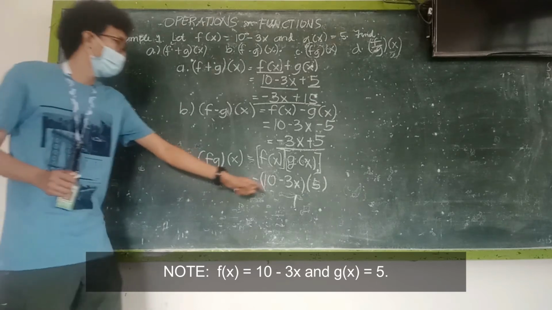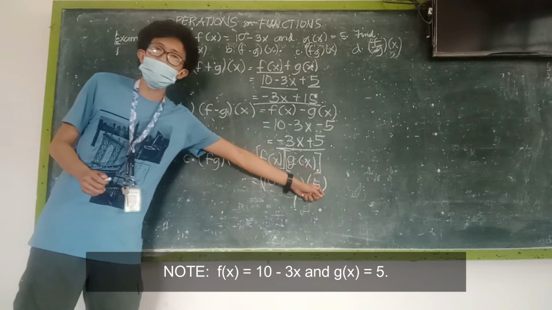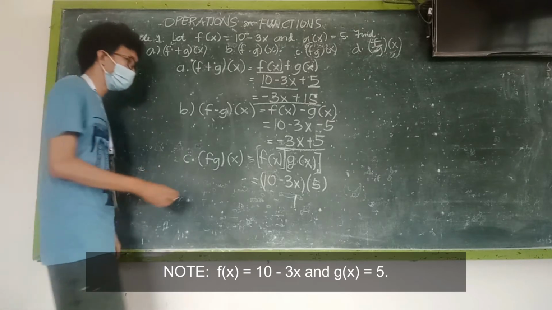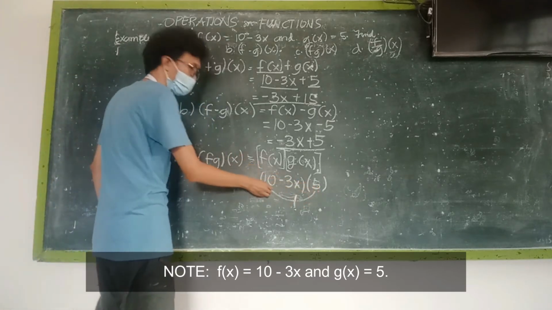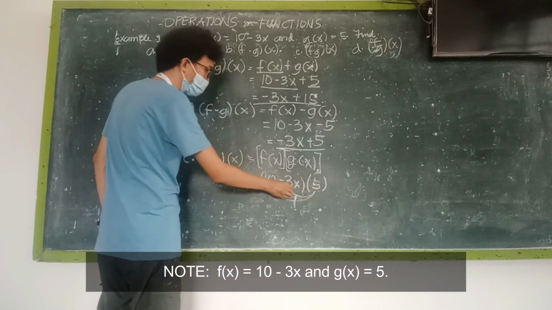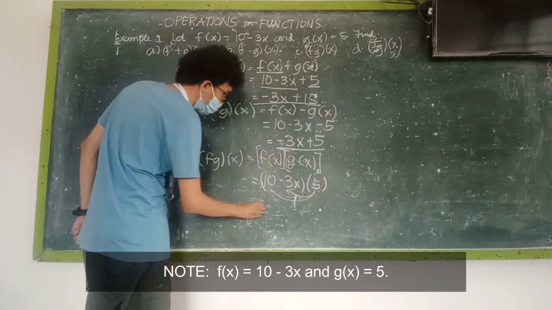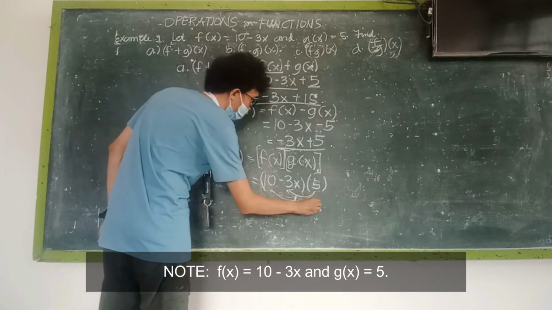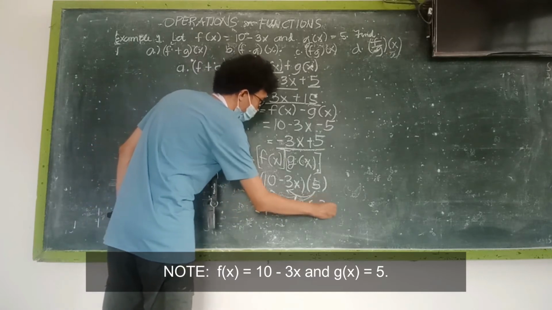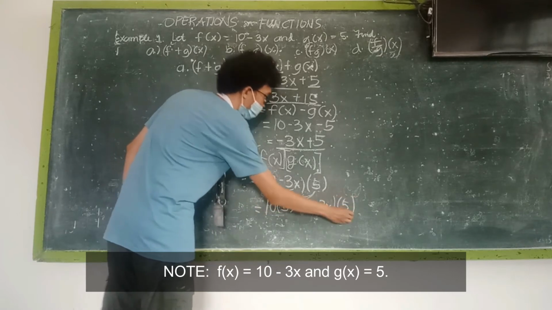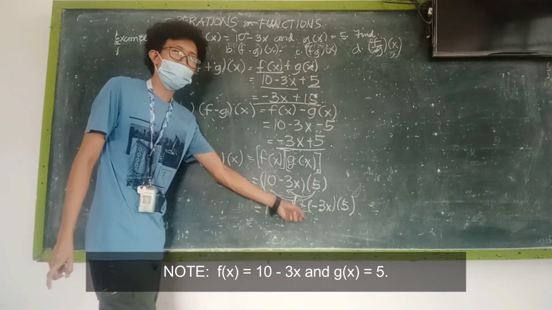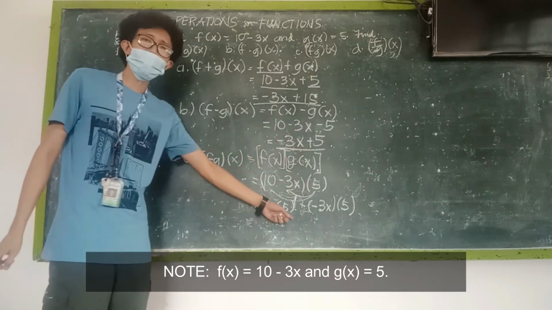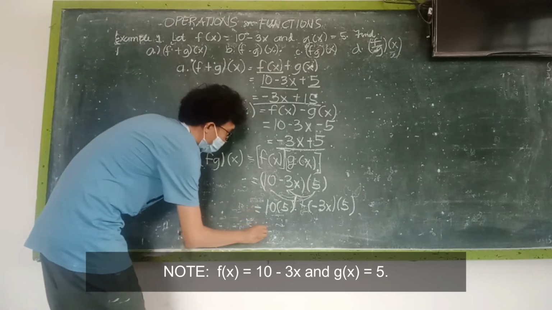So, 10 minus 3x, i-multiply natin sa 5. We will apply the distributive property. So, itong 5 dito, i-distribute natin sa 10. Yung 5 dito, i-distribute natin sa negative 3x. So, magiging 10 times 5 plus negative 3x times 5. Naglagay muna ako dito ng addition para mamaya hindi tayo malito sa signs. 10 times 5 is actually equal to 50.